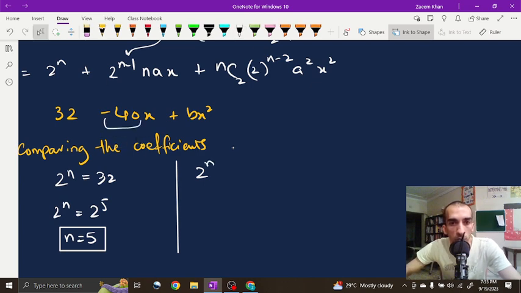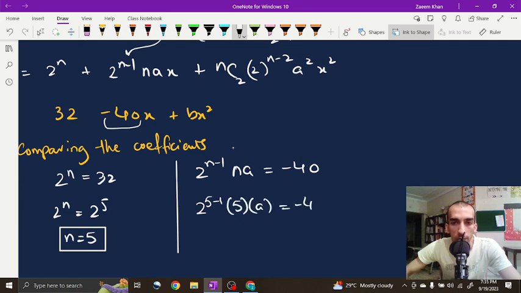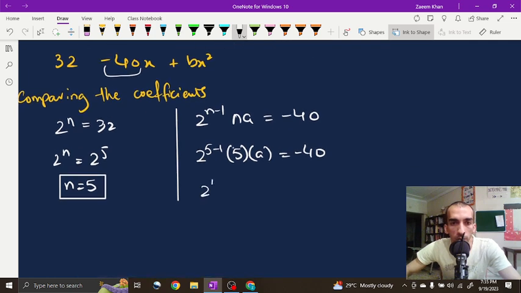So we can write 2 raised to the power n minus 1, n a is equal to negative 40. How much is the value of n? 5. We plug it in from here. 5 again into a is equal to negative 40. 2 raised to the power of 4 into 5a is equal to negative 40.